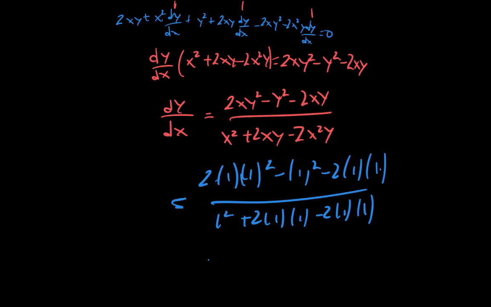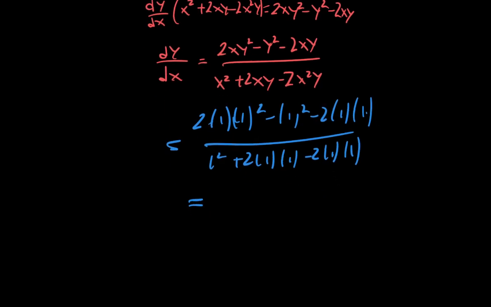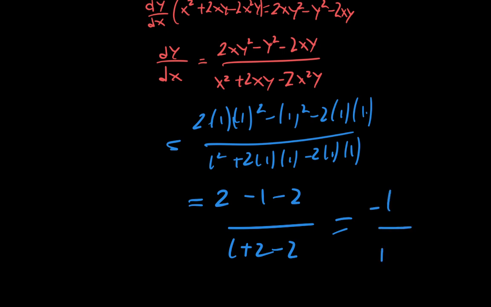That's 2 minus 1 minus 2 over 1 plus 2 minus 2. And this becomes minus 1 over 1, or just minus 1.